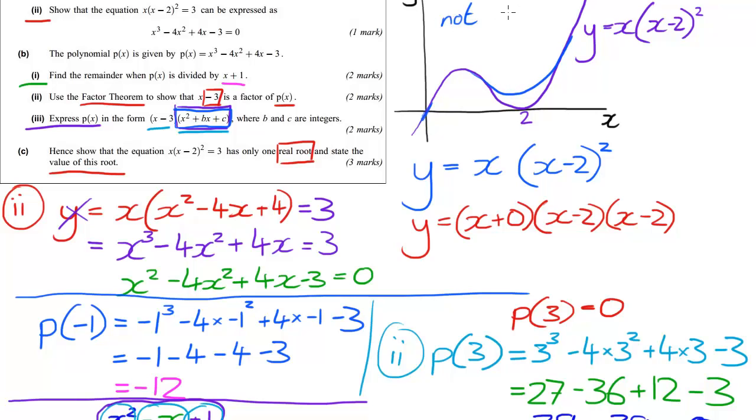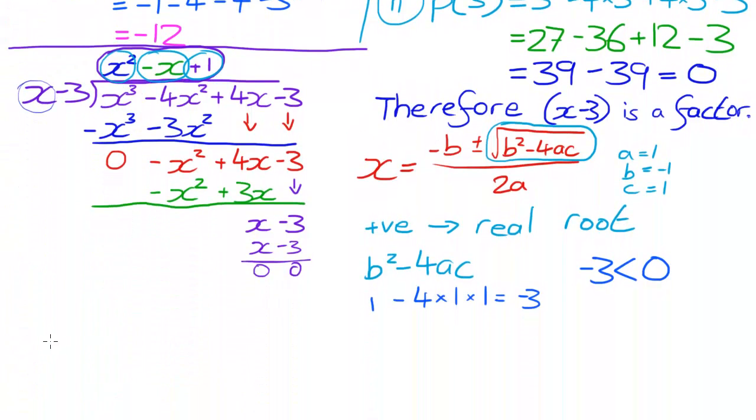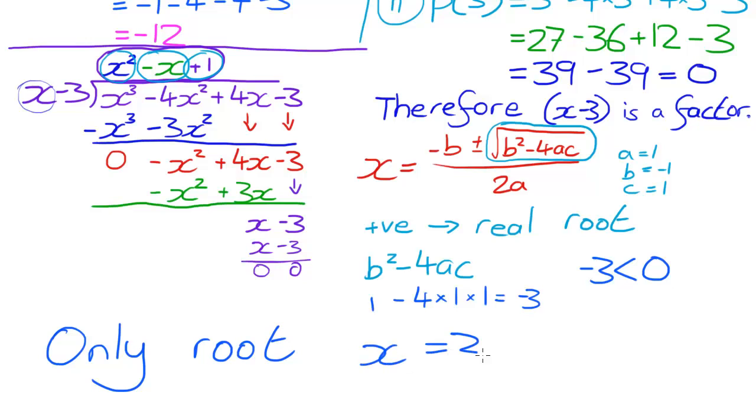Not a real root. So that quadratic does not give us a real root, so the only root comes from x minus 3. So if we go down here, then the only root is x equals 3. That is the answer.